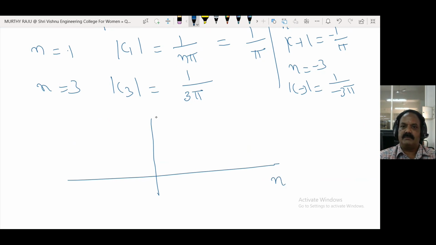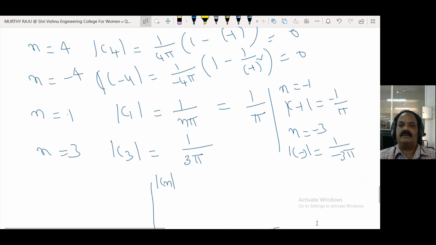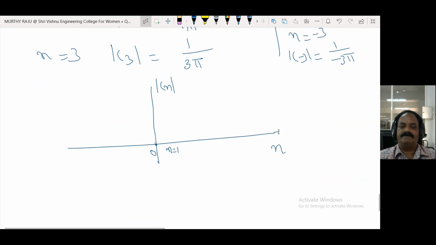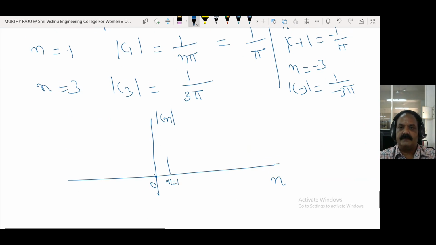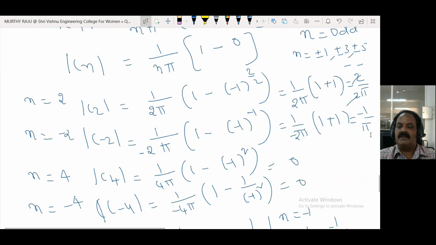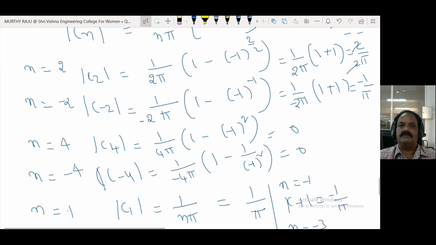This one is n versus mod Cn. For n is equal to 0, mod Cn is 0. For n is equal to 1, the value is 1 by pi. For n is equal to 2, this is also 1 by pi.